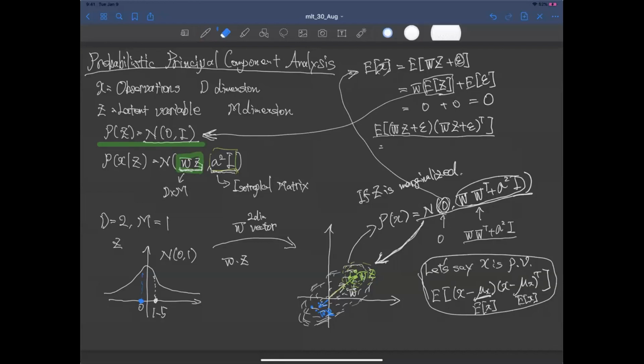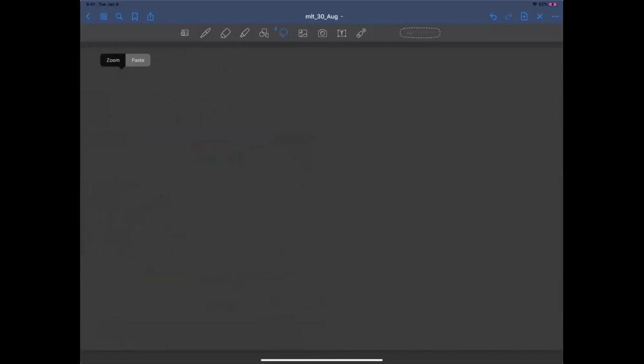Then you can calculate. I think it's a 2. There's not much space. Yeah, these are the review of statistics.